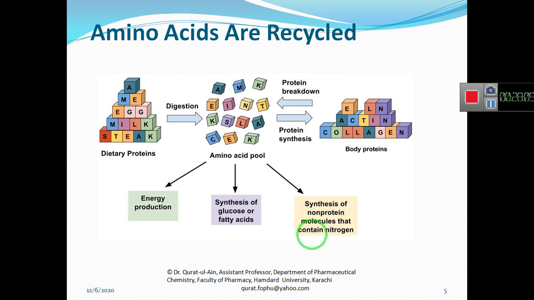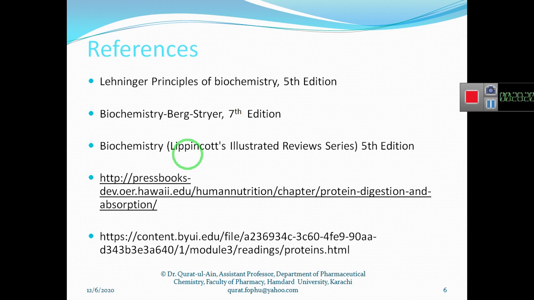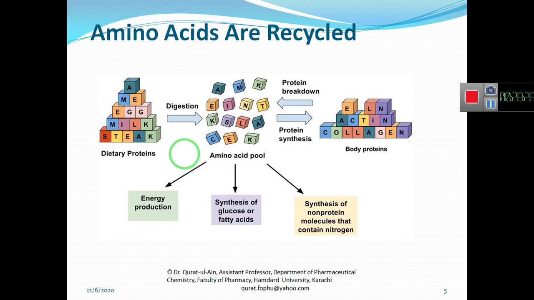It can be urea; when amino acids are catabolized, they are completely converted into urea that is expelled from your body. So this was the amino acid pool that remains in your liver, and is then used to synthesize other proteins, or non-protein molecules, or glucose or fatty acid, or to produce energy.